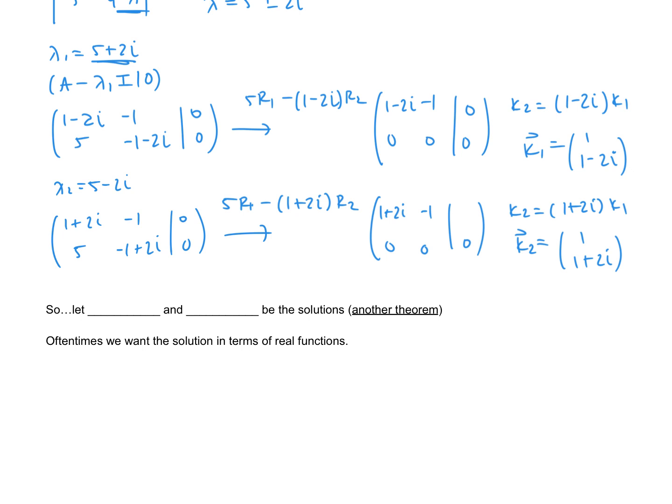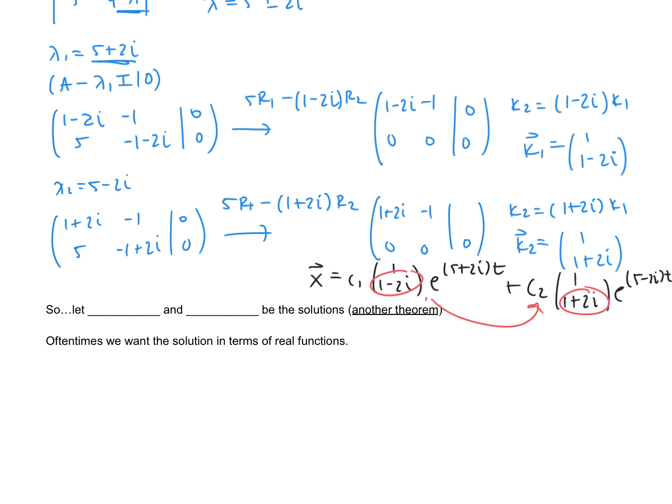So ultimately where this leads me to then is this general solution x, where I get c1, 1 minus 2i, times e to the 5 plus 2i t, and c2, 1 plus 2i, e to the 5 minus 2i times t. What I want us to notice is that in our eigenvectors, the second components are conjugates.